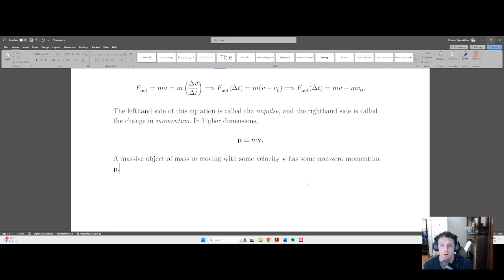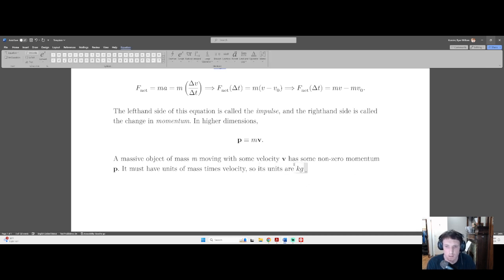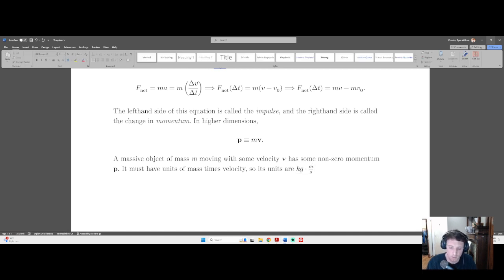So we've defined this thing, a vector called momentum. We'll talk about the units very fast. That's easy. It must have units of mass times velocity, so its units are kilogram meters per second in SI. These are the SI units.